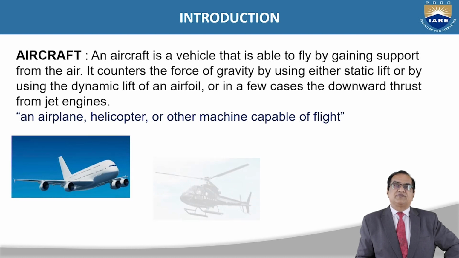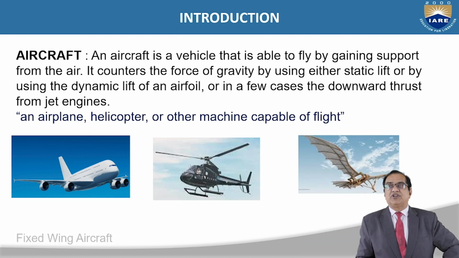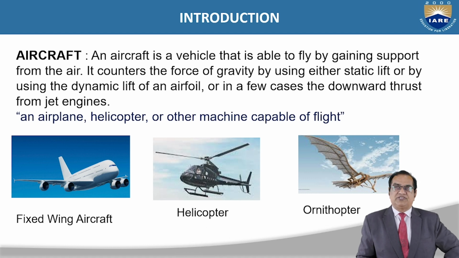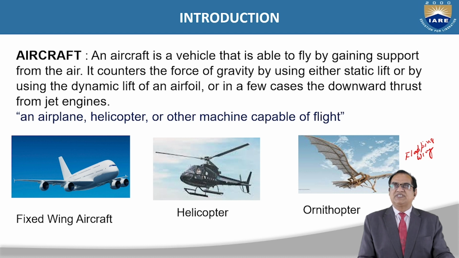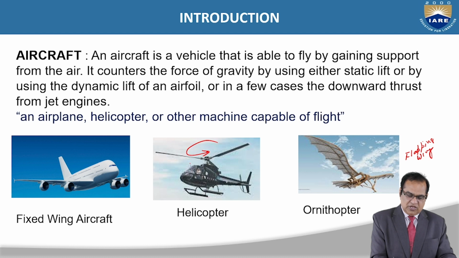This is your fixed wing aircraft, the airplane, this is the helicopter, and this is the ornithopter, which has a flapping wing. Here the rotors are moving, and here the wings are fixed.